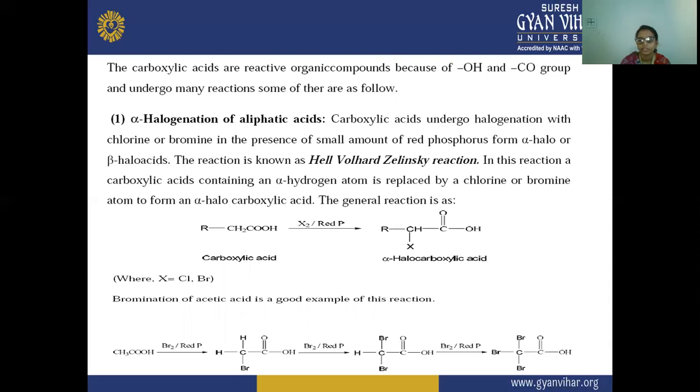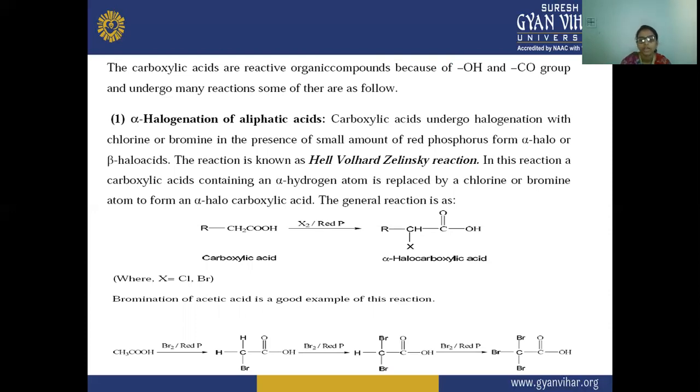So a hydrogen gets replaced by the halogen, which is why it is known as alpha halo carboxylic acid. The general reaction is as follows. Carboxylic acid reacts with the halogen and red phosphorus, forming the alpha halo carboxylic acid.